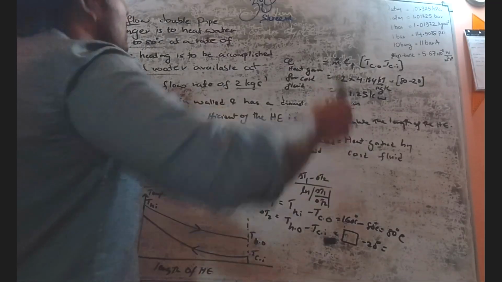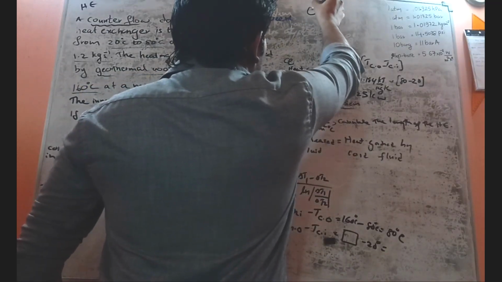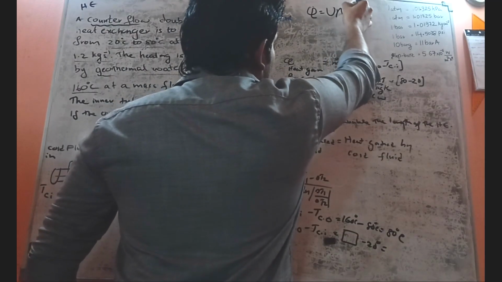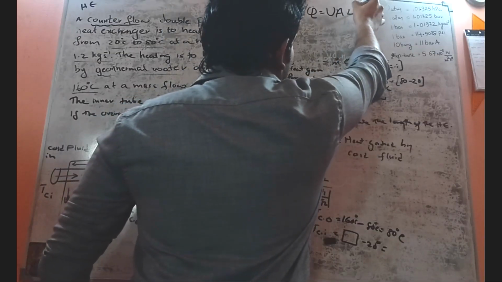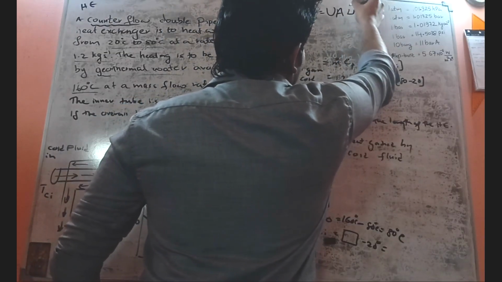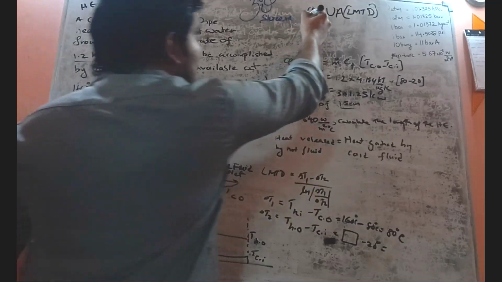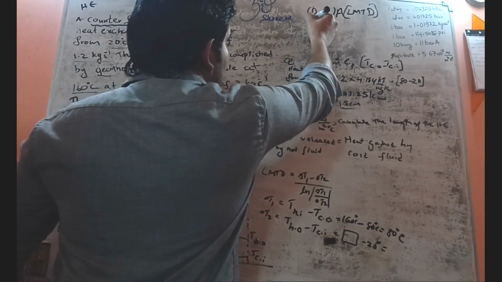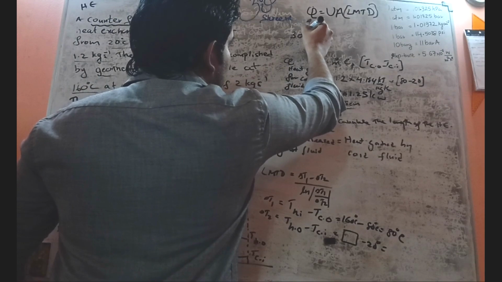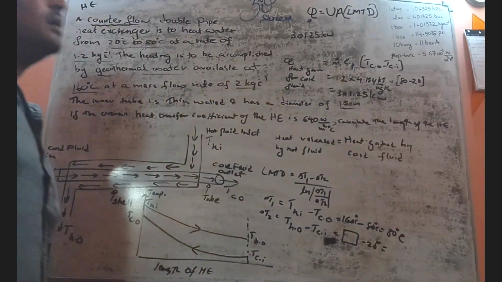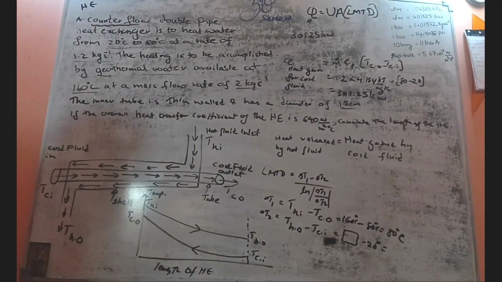So if you consider this equation, Q dot equals overall heat transfer coefficient times area of the heat exchanger times LMTD, this value is known now. This is 301.25 kilowatts. I hope that part is clear, right? So let's equate that to the hot fluid.